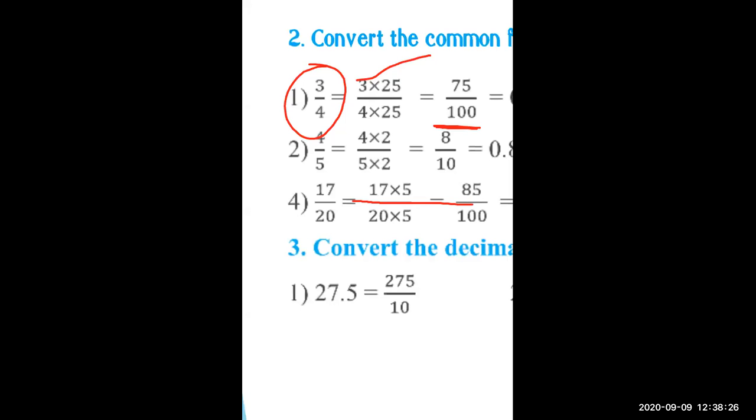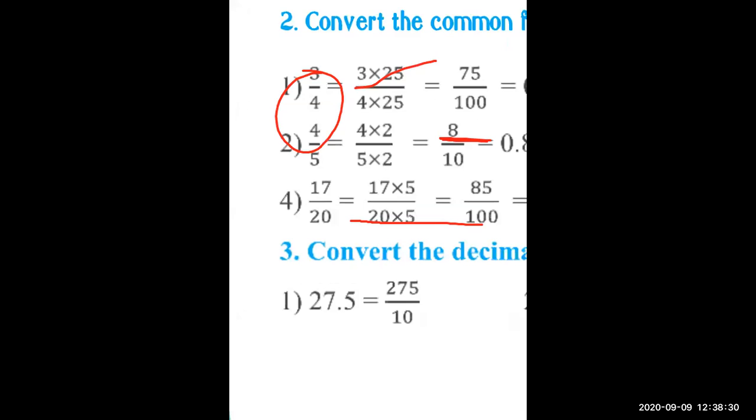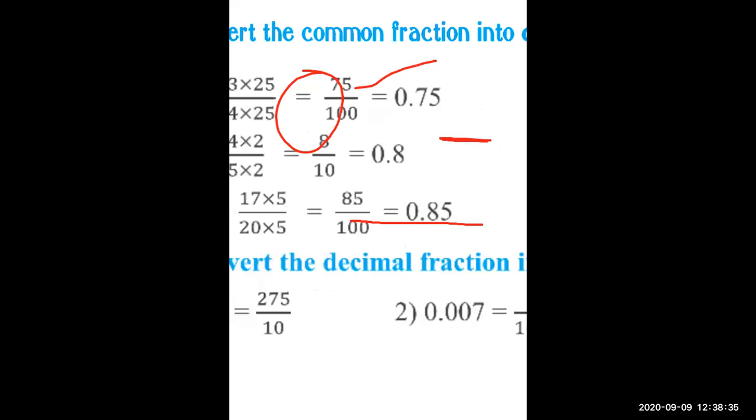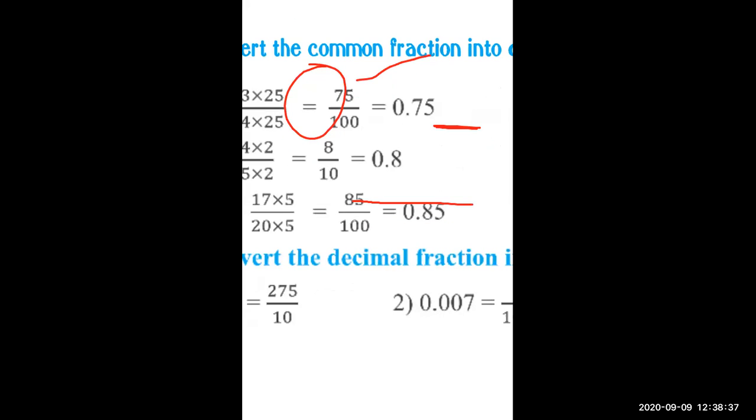So our main answer is 0.75. How did it come? Now we have learned how to write the decimal fraction. First you have to solve it by making the denominator 100, 10 or 1000, then you have to write the answer.